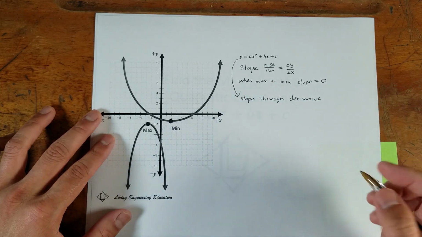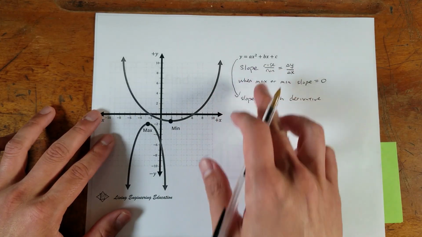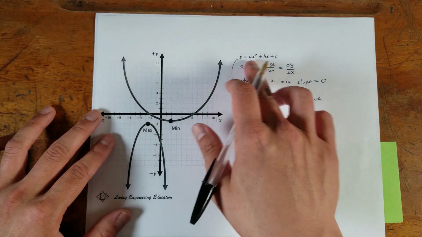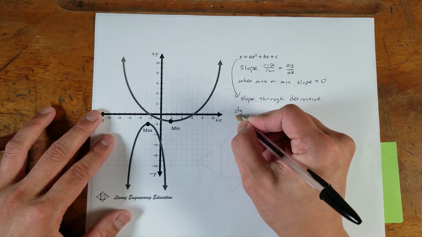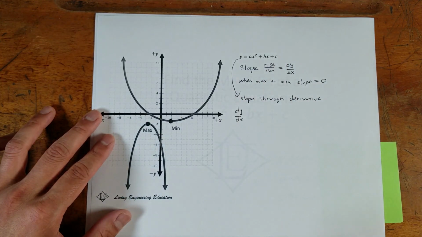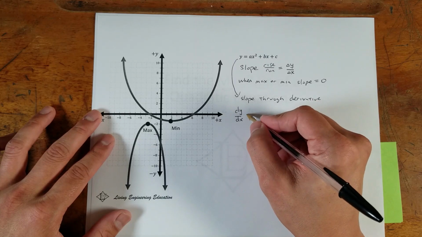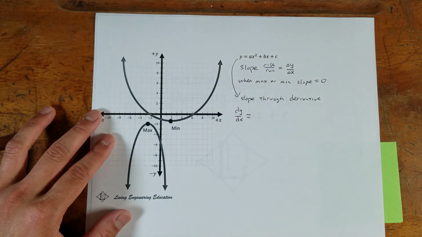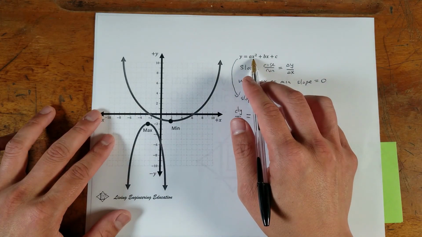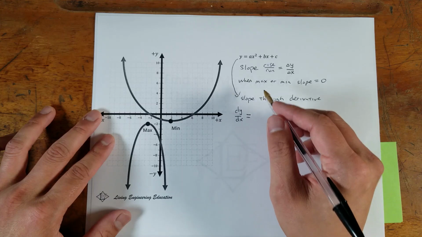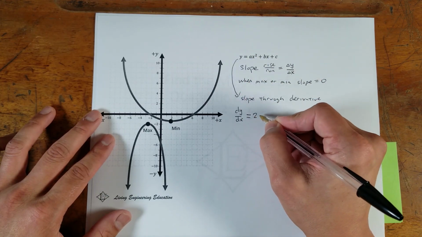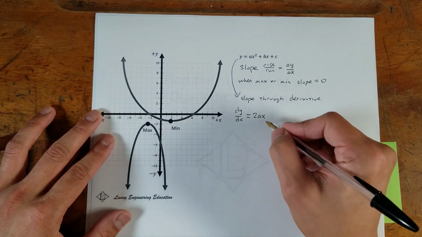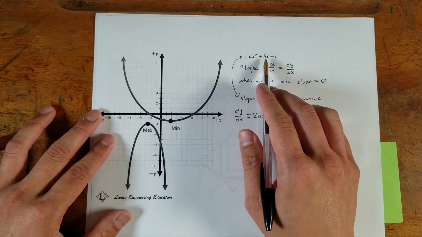And if you have not, just memorize the derivative form of the quadratic. So dy dx is how we define the derivative or the slope. We break it up into each individual term. A, b, and c are constants, so it's just the derivative of x squared. The derivative of x squared is 2x, so this term is 2ax, plus the derivative of bx.